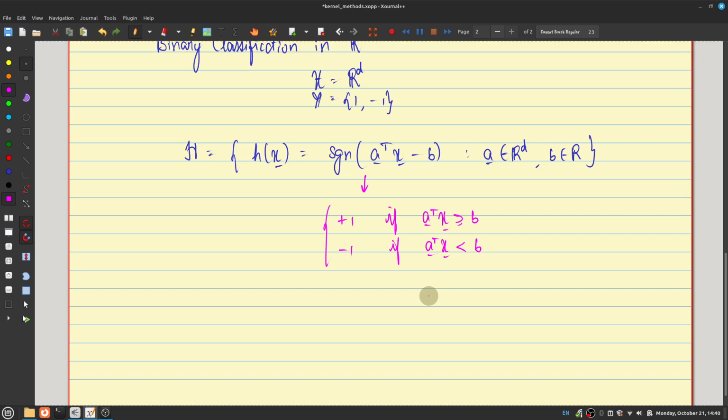We're assuming a d-dimensional space, and we're allowing all possible a. If you're looking at R^2, then the VC dimension would be equal to 3, but in general it is going to be d plus 1.